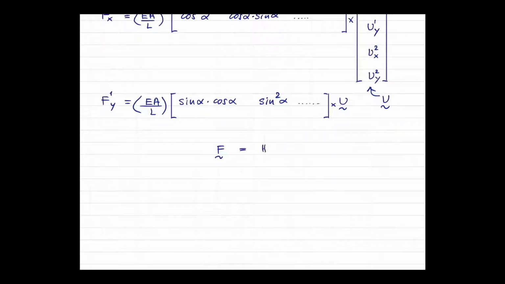F equals K times the uppercase U. So this K here must be identical with the phi transpose K phi.